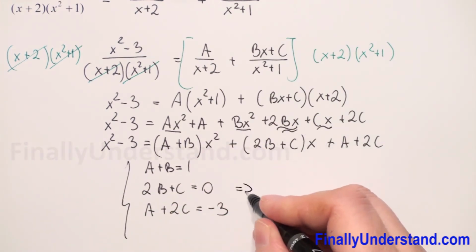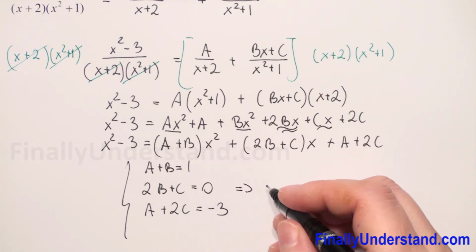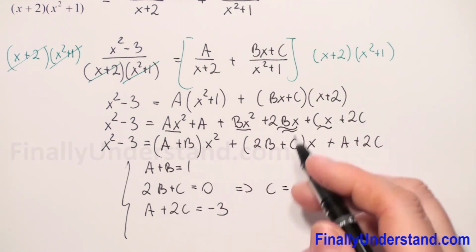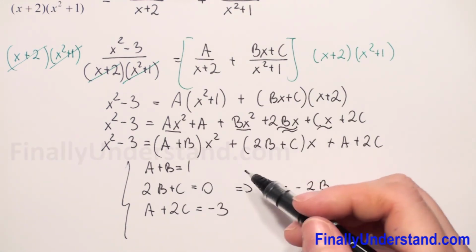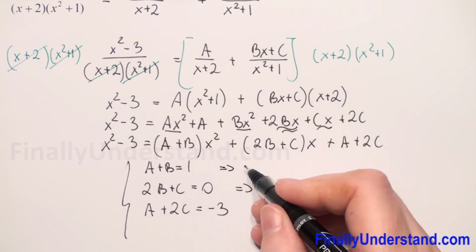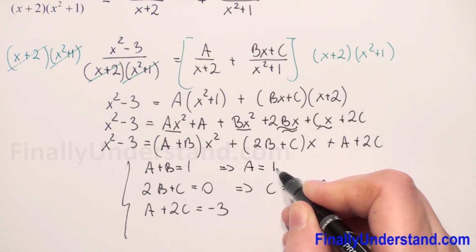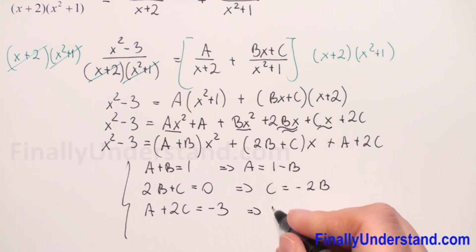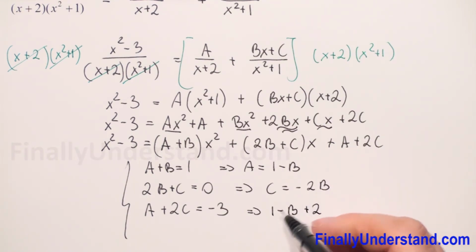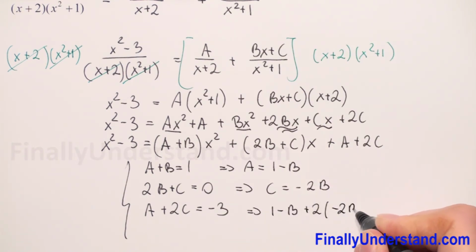So next, from the second equation, I can calculate c. This is equal, I will move 2b to the right side, so it will be -2b. What else can we do? From the first, I can find a, so it will be 1 minus b. And now I will substitute into the third equation a by 1 minus b and c by -2b. So we will have 1 minus b plus 2 times c, which is -2b.